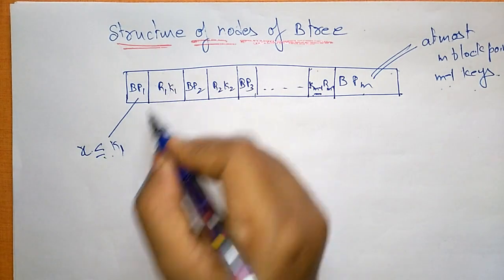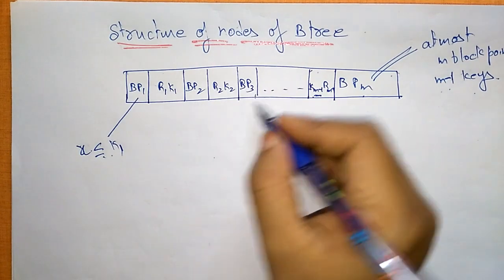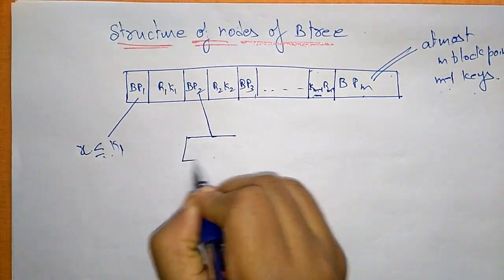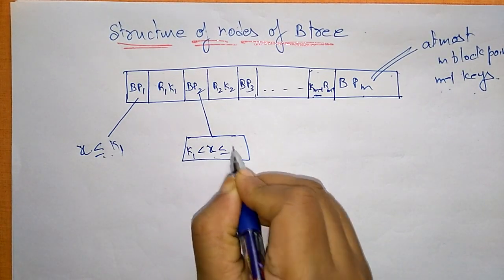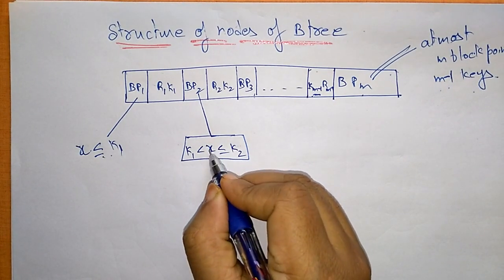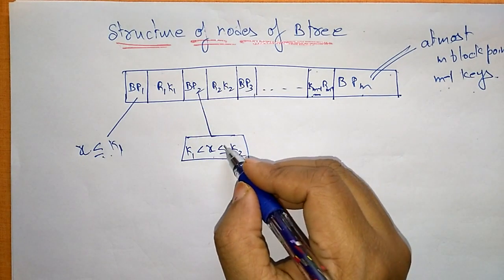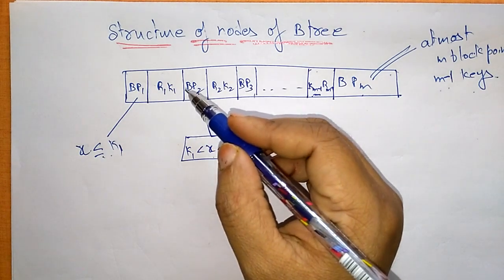Now if you take the right-hand side, what is this? Here k1 is less than x, and x is less than or equal to k2. So x is the value of the child. Whatever is present in the right-hand side should be greater than k1.